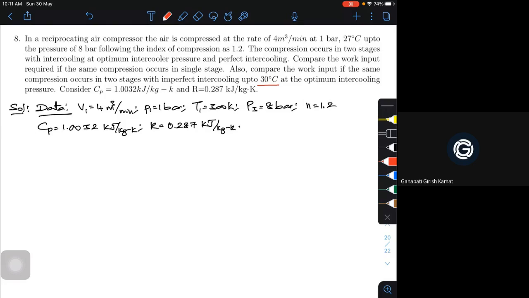If I go for a perfect cooling, when I cool it, I will get the inlet temperature, that is T1. So T2 will be equal to T1 for a perfect cooling. If there is an imperfect intercooling, your T2 will be equal to T1 plus 30. It will be more than that actually. I will take that when I come to case 3. So that data is given here.